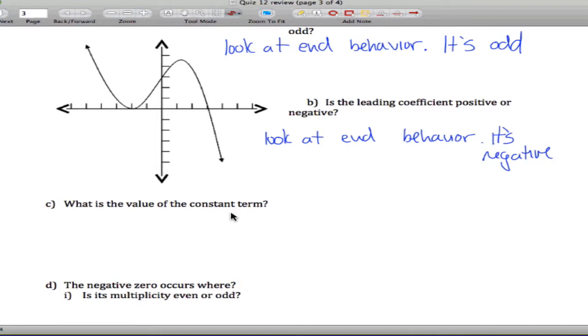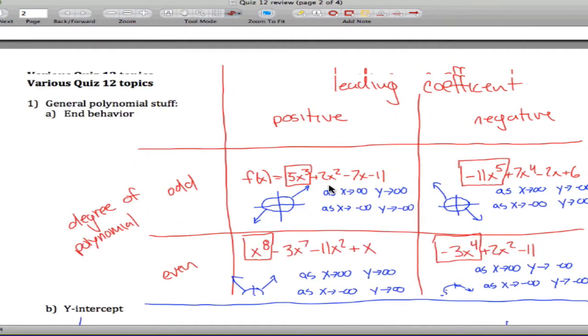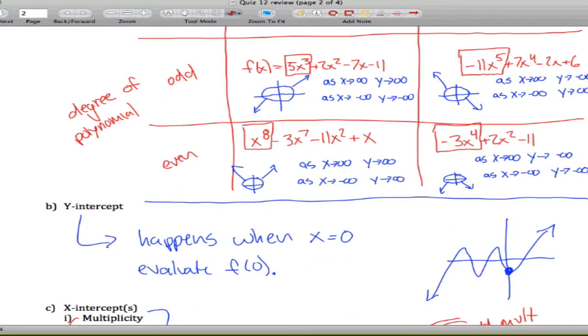What is the value of the constant term? Okay, that's kind of a tricky question right there. Really, it turns out that what this is asking for is, maybe AKA, what is the y-intercept? The y-intercept will always be the value of the constant term. Why? Well, look at a polynomial like this. The way we figure out the y-intercept is it happens when x equals 0.